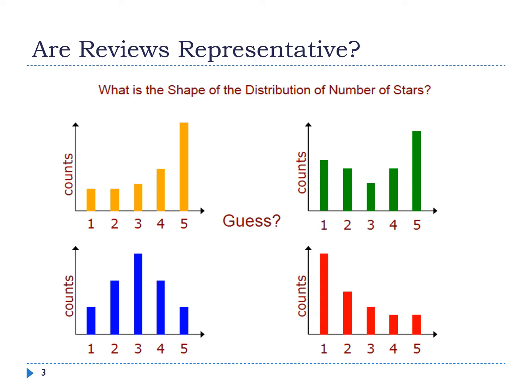Just looking at the slides, what is the shape of the distribution of the number of stars? Please make a guess and write down your guess on a paper. And then after we go through the chapter a little bit, we'll come back to this slide and see if your answer is correct or not.